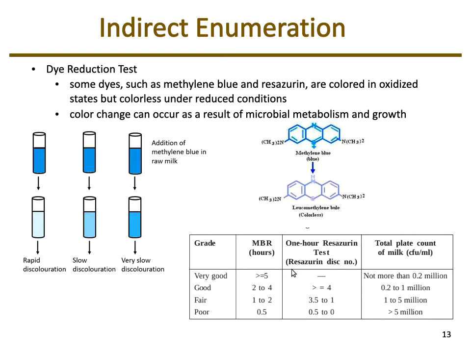If it takes 1 to 2 hours for the loss of color, that would indicate it's fair, which means you now have 1 to 5 million CFUs per ml. Obviously what we're aiming for is above that, so hopefully you have a very good sample. It would take longer than 5 hours for any color change to happen, which means there's not more than 0.2 million colony forming units per ml.